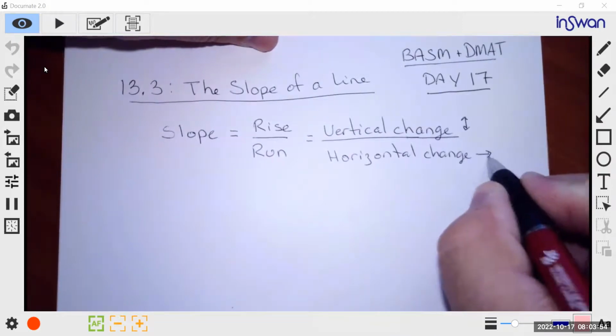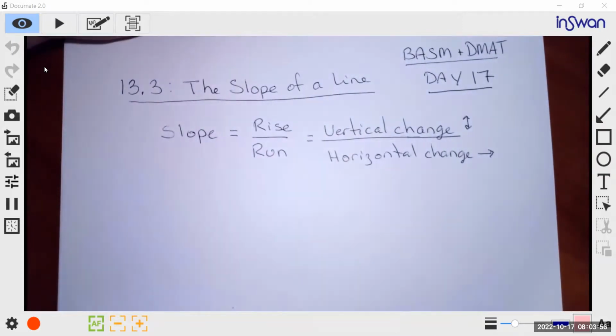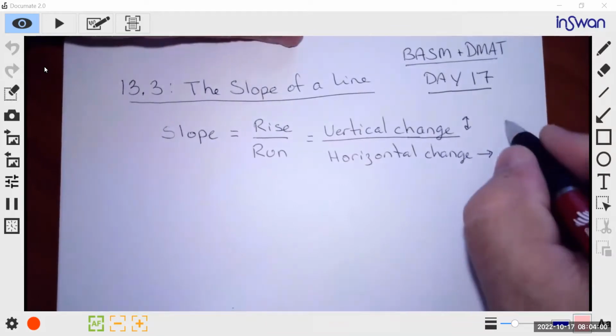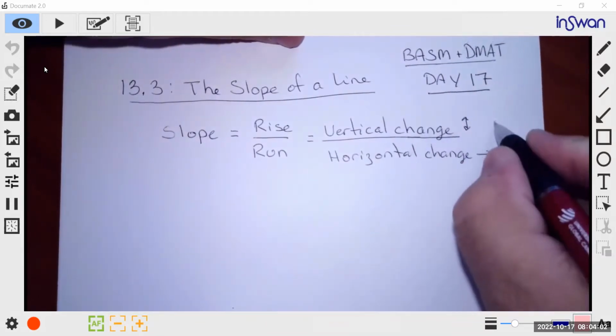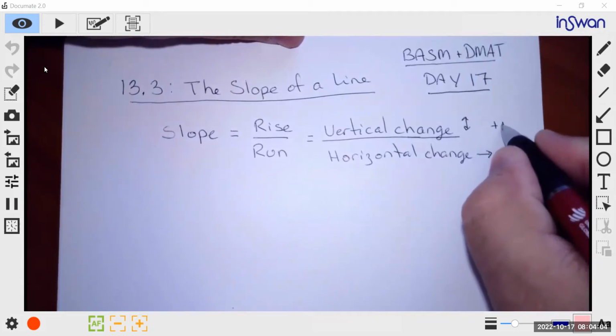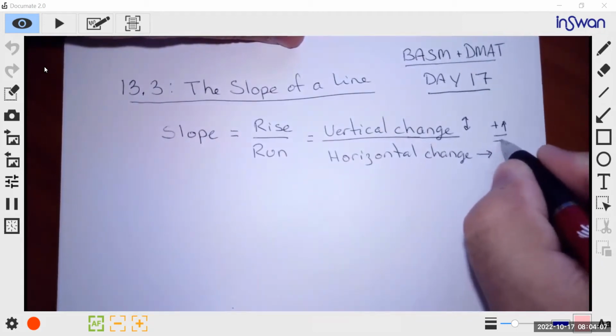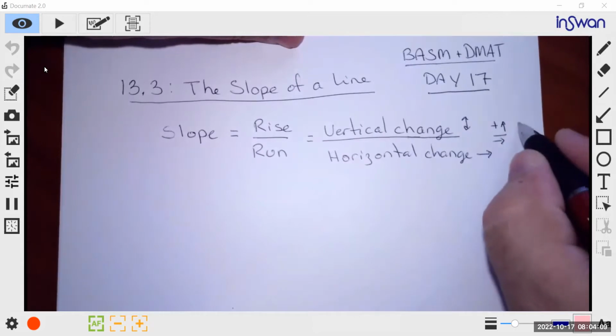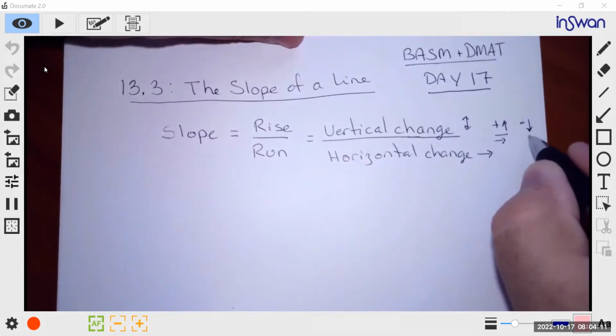And the bottom always goes to the right. In other words, if the slope is positive, it goes up and the bottom always goes to the right. If it's negative, it goes down and it always goes to the right.